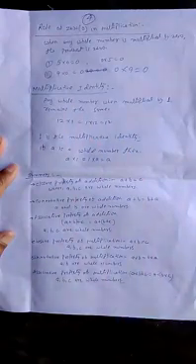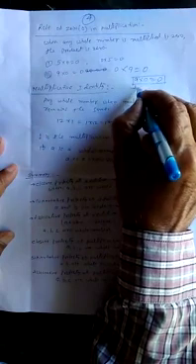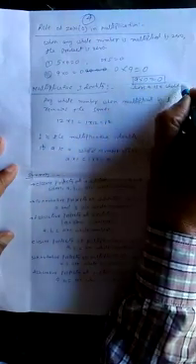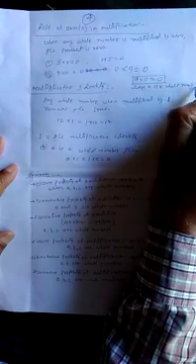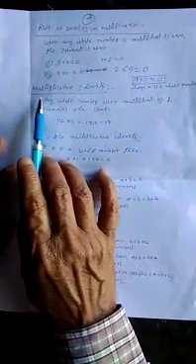If 0 is multiplied by any whole number, the product will be 0. In short, we can write A × 0 is equal to 0, where A is a whole number. This is the property of 0 in multiplication.